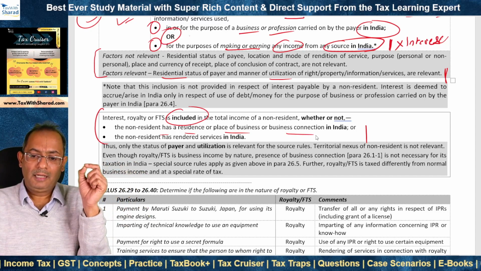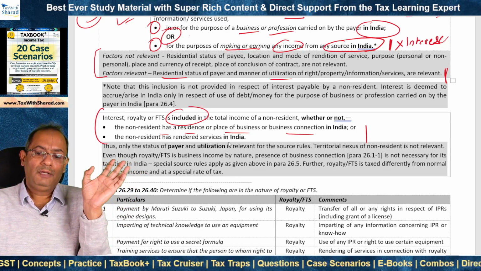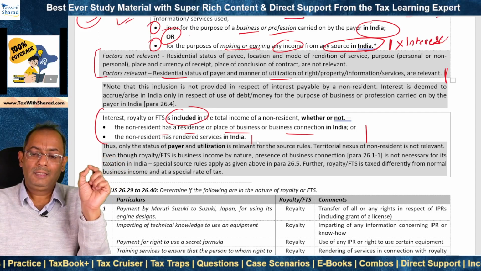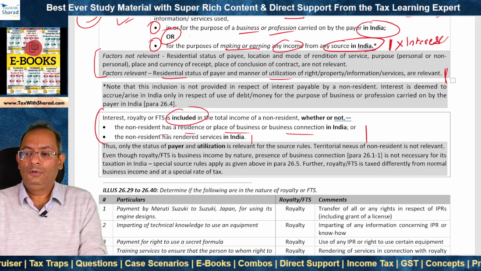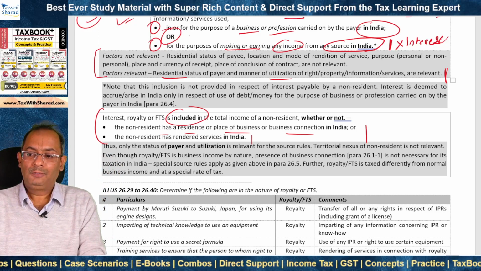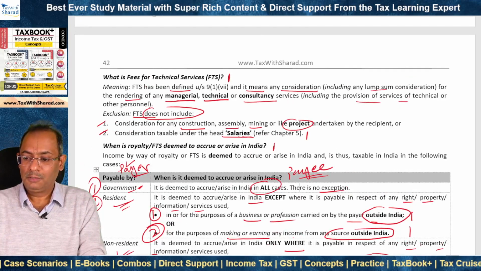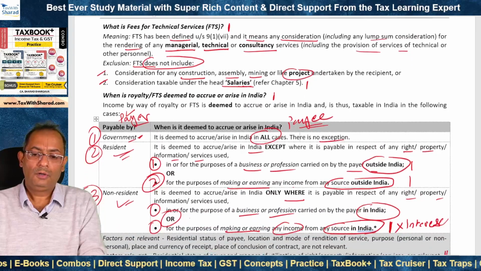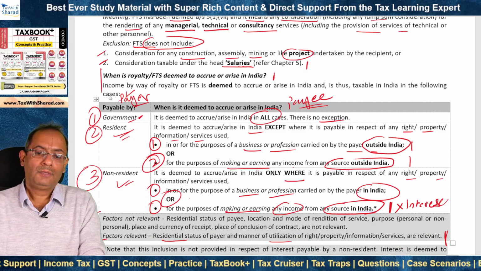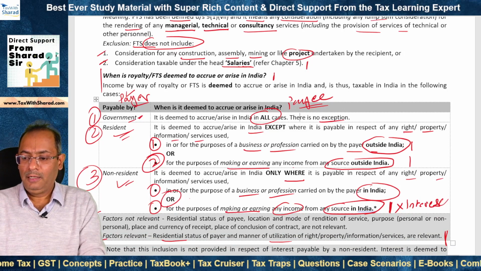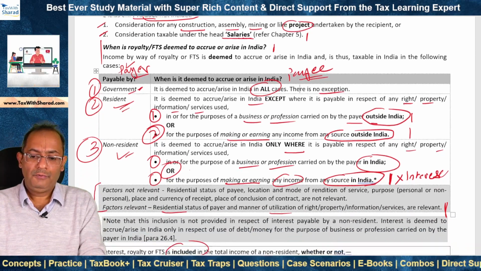Whether he has a business connection in India is not relevant. Whether the non-resident has rendered services in India is also not relevant. Because the income is deemed to accrue or arise, and therefore it's taxable in the hands of a non-resident in accordance with these special source rules. These are called source rules. And these special source rules exist for interest, royalty and FTS, which we have discussed.